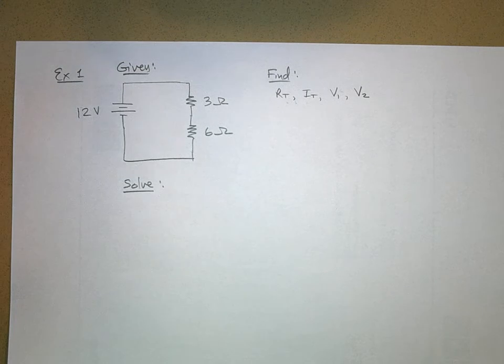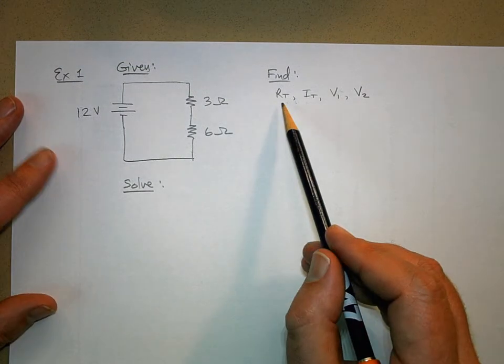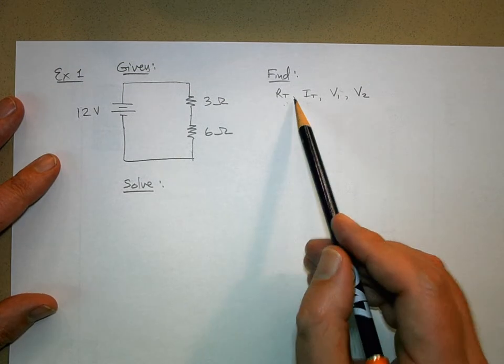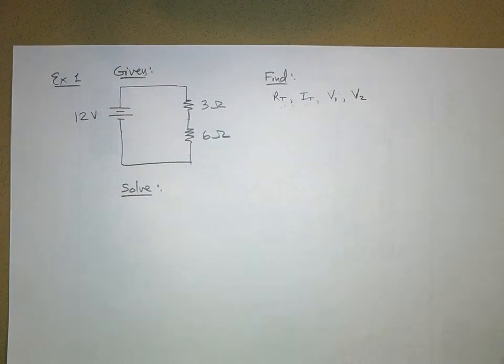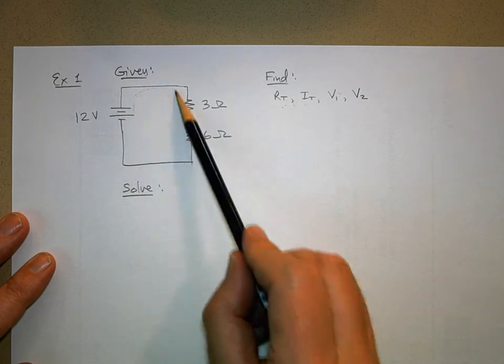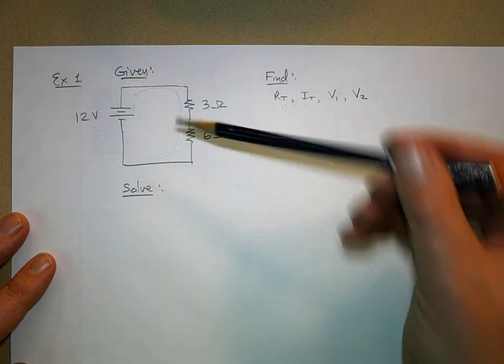Okay, the total resistance. First of all, I have to ask myself, are these resistors in series or in parallel? They're in series. And how do you know they're in series? Yep, one path through both of them. There's no branching.